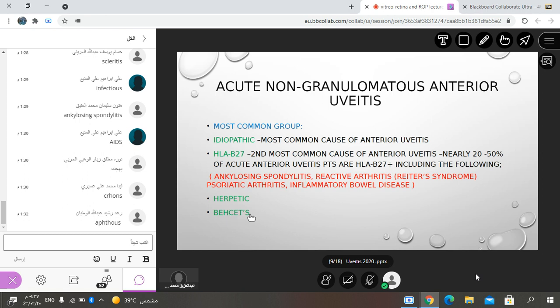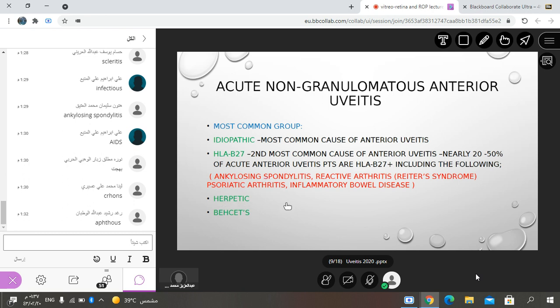Behçet can present as acute or chronic, non-granulomatous or granulomatous. It can mimic any condition, but most of it is non-granulomatous uveitis, either anterior, intermediate, posterior, or panuveitis.